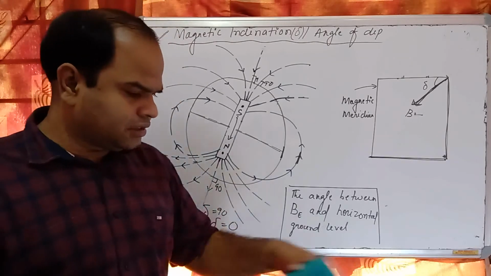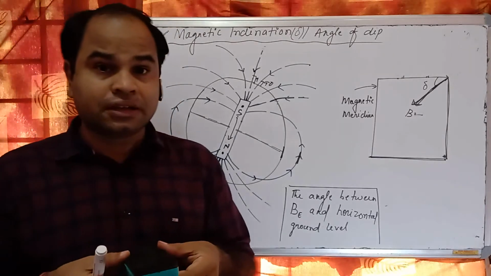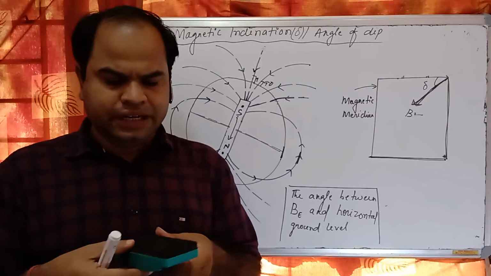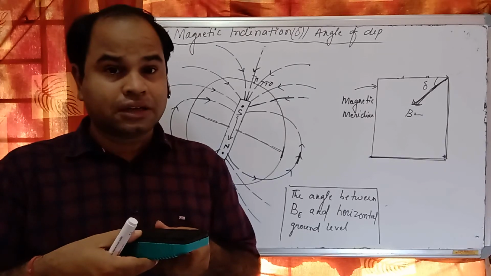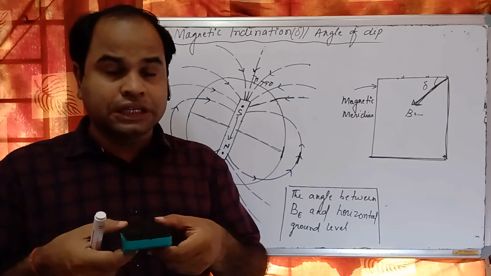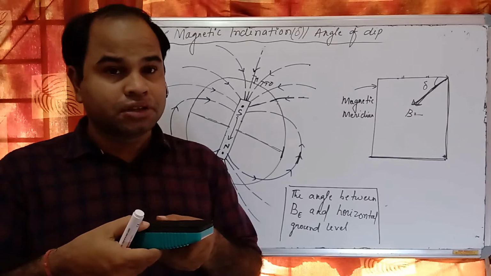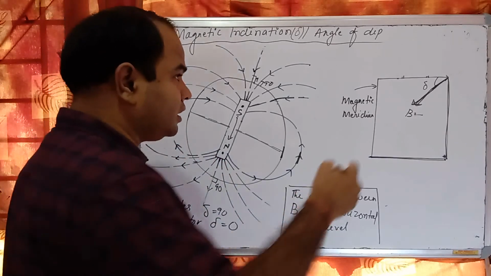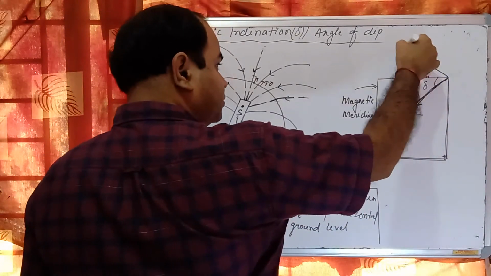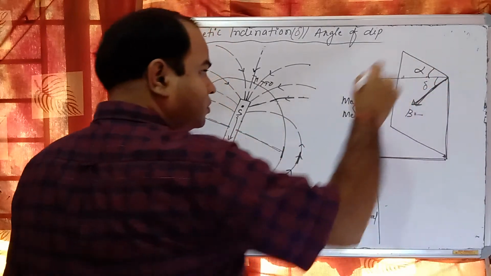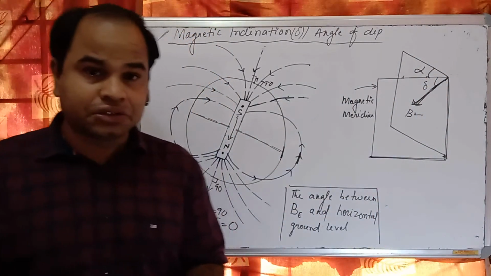So let us say this is the earth magnet. When the earth magnet bends, the angle it makes is called alpha, that is declination. I discussed this earlier. This angle is called declination. Again, this is your alpha, that is declination.